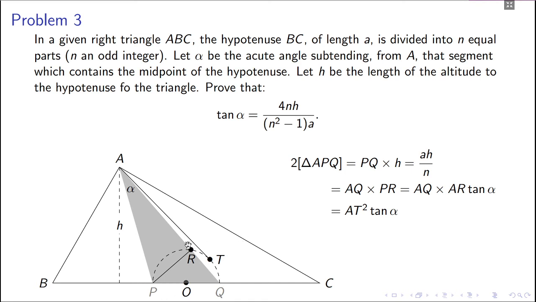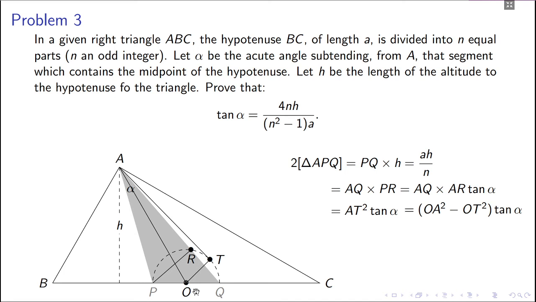And now how do you calculate this value, AT square? The way to do it is you join A and T with O. This is a right triangle, so AT square is AO square minus OT square. And you know the value of OT is just OQ, which is half of PQ.